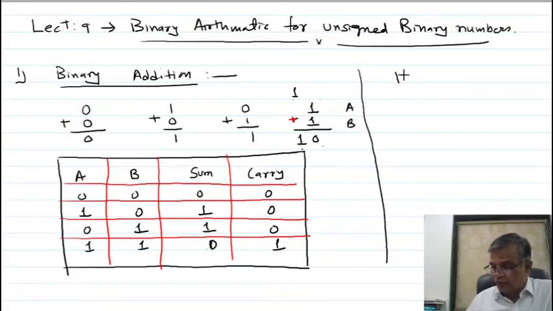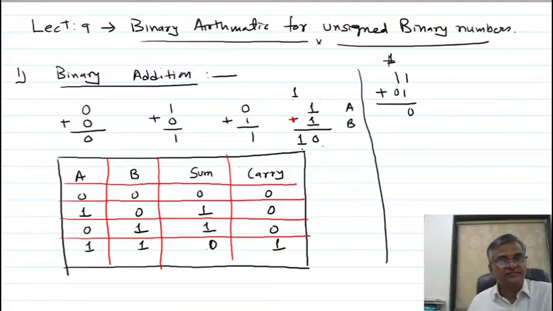Suppose I want to do 11 plus 1, means 1 1 plus 1. So 1 plus 1 is 0, carry is 1, as you do the same thing in a decimal number. 1 plus 1 is 0, carry is 1. So your answer is 100.